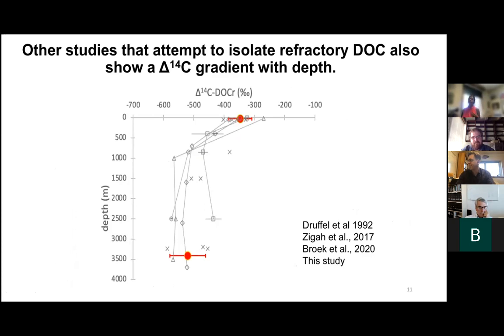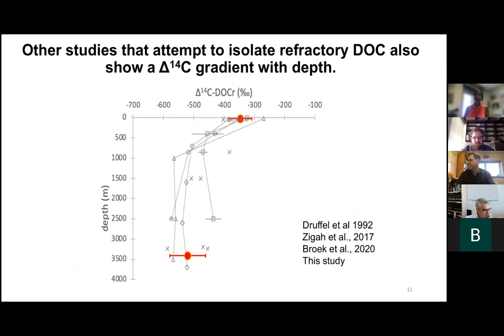And so if you were to compile the few studies out there that exist that have tried to isolate refractory DOC using different methods, we consistently see this gradient with depth. The upper ocean values are very similar, regardless of when this was conducted or where it was conducted. And the gradient exists with very little evidence for anything, in this case, maybe less than -600 per mil.